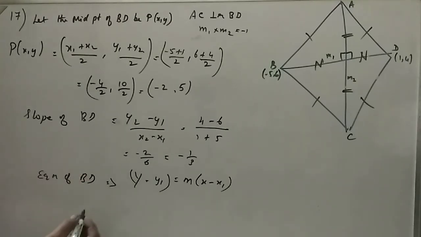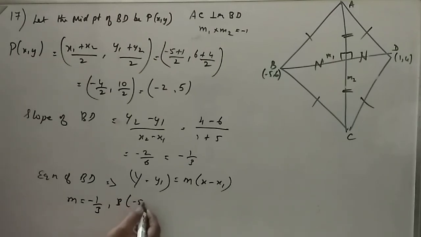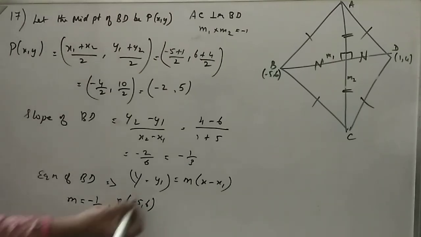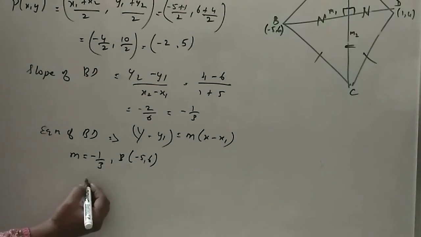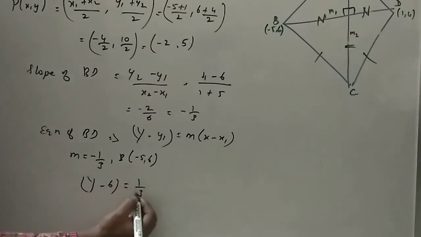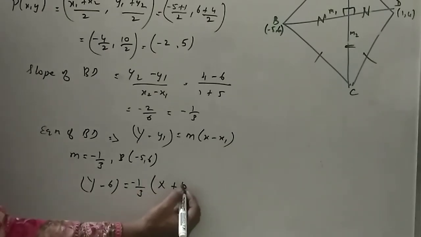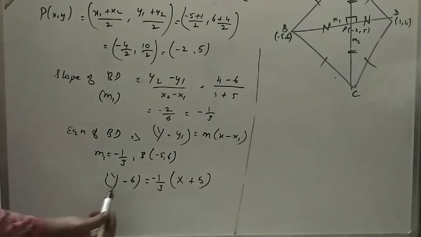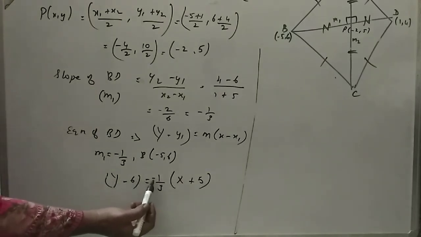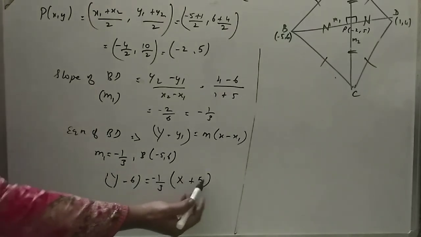So, I am taking slope m is equal to minus 1 upon 3 and B is minus 5 and 6. Using these two, can you get the equation? So, write y minus 6 is equal to minus 1 upon 3 into x plus 5.